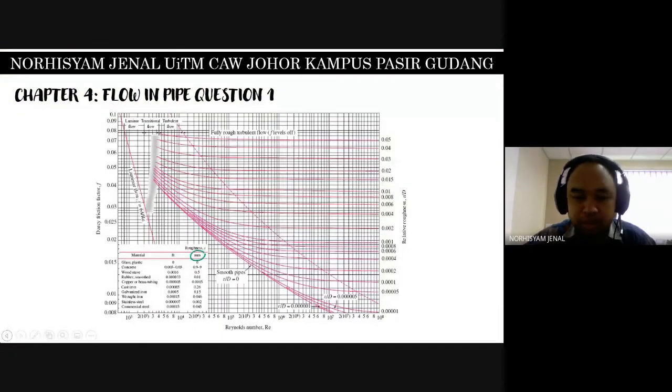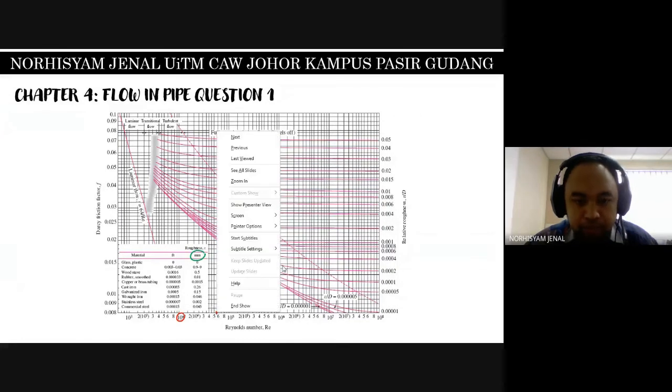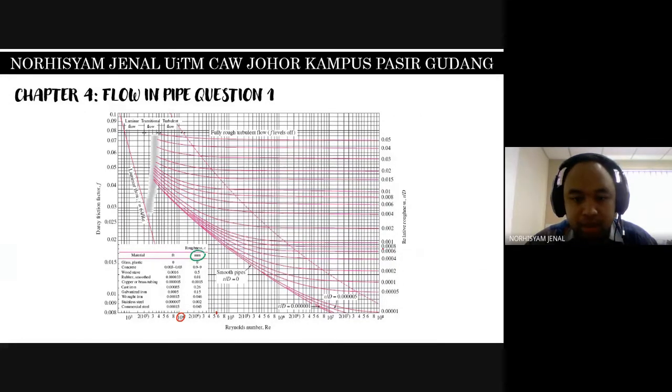In the Moody Chart, find 10 to the power of 4, which is here. Anything we do after this should be on the right side, in 10 to the power of 4. We have 5.6, so if you see here, we have 5, we have 6, so 5.6 should be somewhere in between.